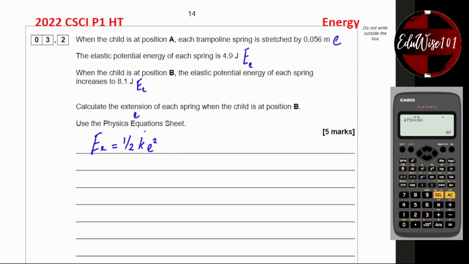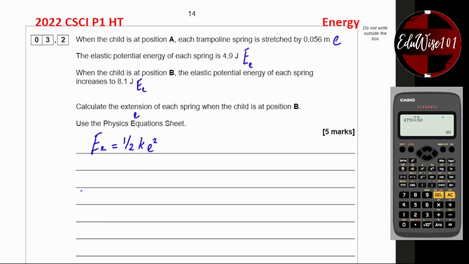So if I find the spring constant using the energy and the extension at position A, then I should be able to use that spring constant value in here to work out the extension.